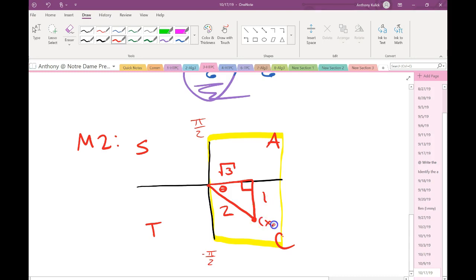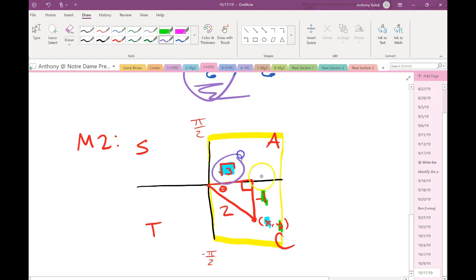It's actually the x and y coordinates for this point on the terminal side of our angle. So here, the x coordinate is corresponding to the square root of 3. Well, that should be positive because I've gone to the right. And the y coordinate is corresponding to the negative 1. That should be negative because we've gone down 1 unit to get there. Is everybody okay with that?